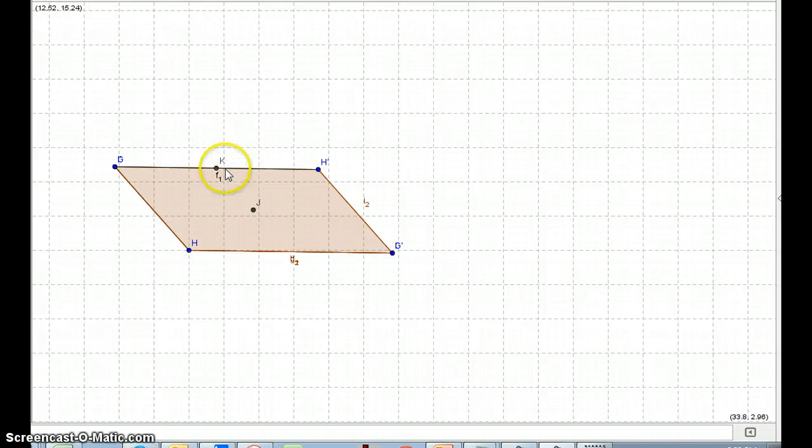I'm going to go ahead and draw a segment from here to here and just create a general trapezoid. Remember that a trapezoid is a figure with one pair and only one pair of parallel lines. It's a quadrilateral with only one pair of parallel lines.